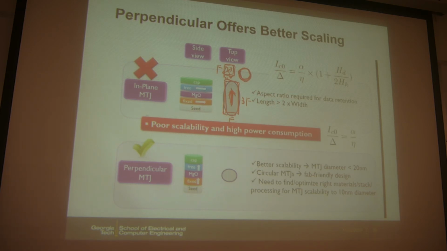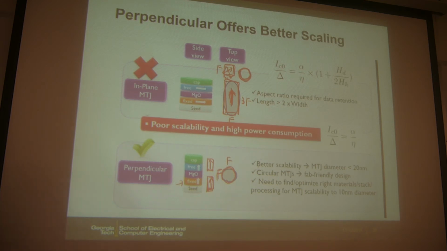So what you want to do is to make this perpendicular MTJ, where, this schematic is not good, you want to have something from the side view. You want something like this. From the side view, you will have this kind of rectangle, but from the top view, it's F and F. So you want basically your magnet standing up and down instead of left and right.